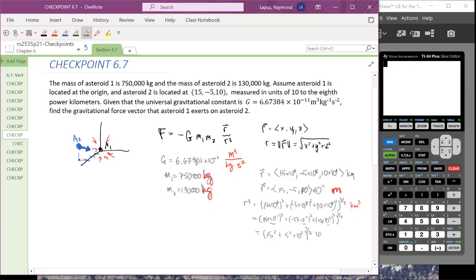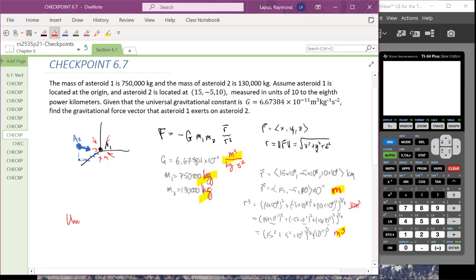So we have 10 to the 11th to the 3rd power. And these are going to be in, instead of kilometers now, meters cubed. All right, let us gather our units.